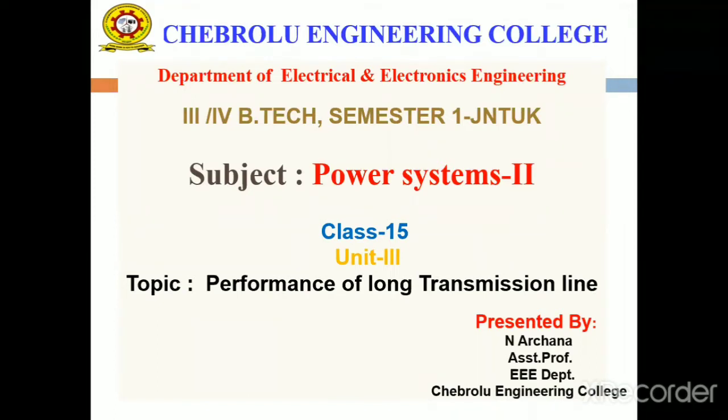But in the case of a long transmission line, if we consider lumped parameters, the results are not obtained accurately, because the length of the transmission line is very large compared to the short and medium transmission lines.